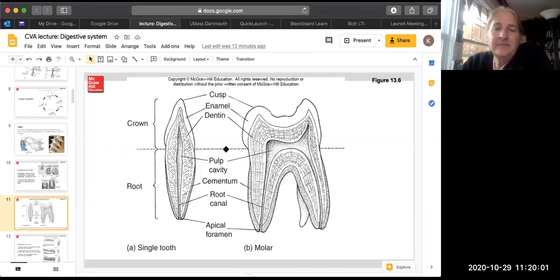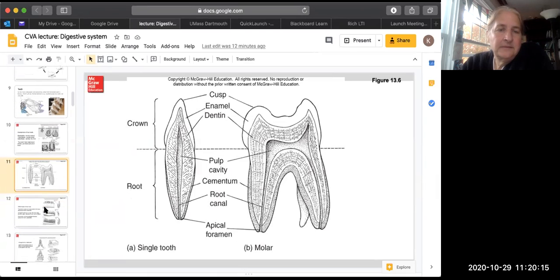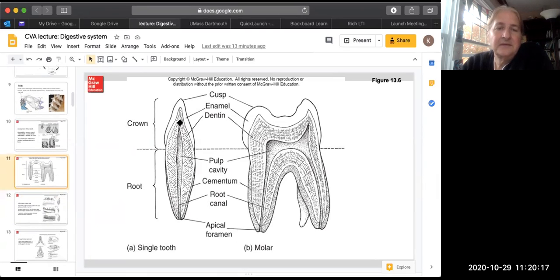This line here represents the gum line. So the top that's out in the mouth is called the crown, and this is called the root that's in. And there's a root canal, as you see here. If anybody's ever had a root canal, that's what they're talking about, is this is drilled out.